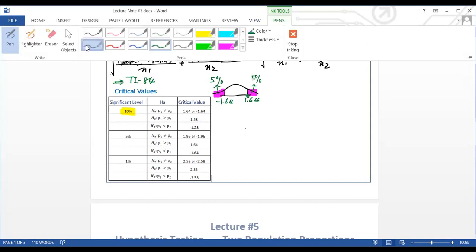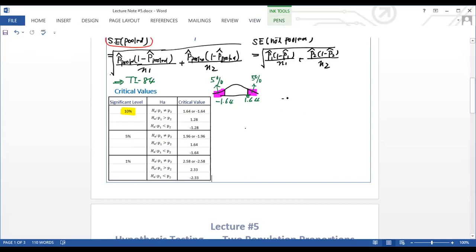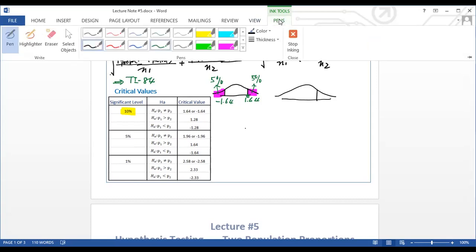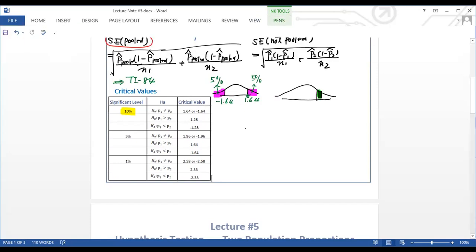Now let's take a look at the one side, the right-hand side. To the right-hand side means I'm going to have this tail, and this is my critical value. You go to the table, and this is 1.28.